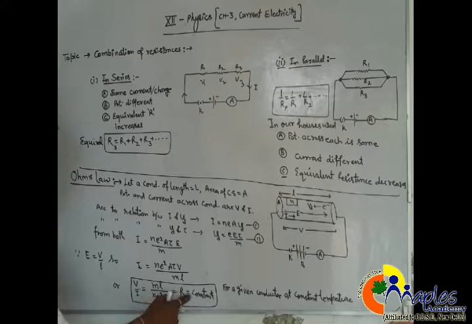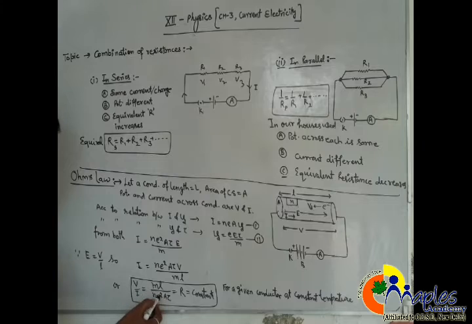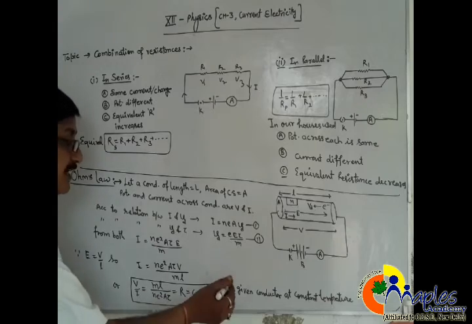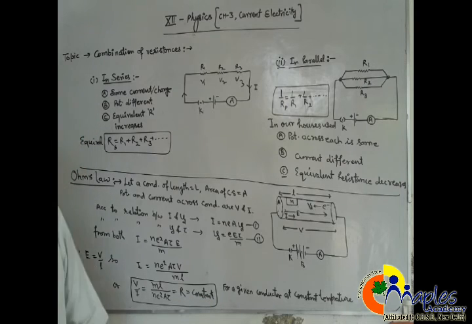But V upon I is equal to R, which is constant. For a given conductor, length, area of cross section and n are all constant. m and e are universal constants, m about 9 times 10 to the power minus 31, e 1.6 times 10 to the power minus 19 coulomb. If temperature remains constant, then tau will also be constant, so all are constant, meaning resistance remains constant. This is Ohm's law.